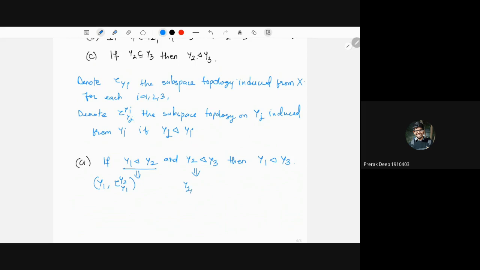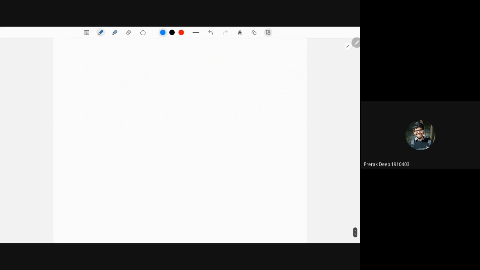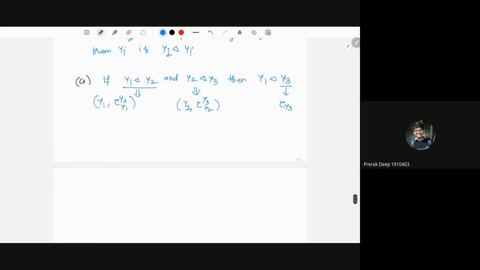Y2 has topology induced from Y3, and Y3 has topology induced from X. So the question can be broken into two parts.